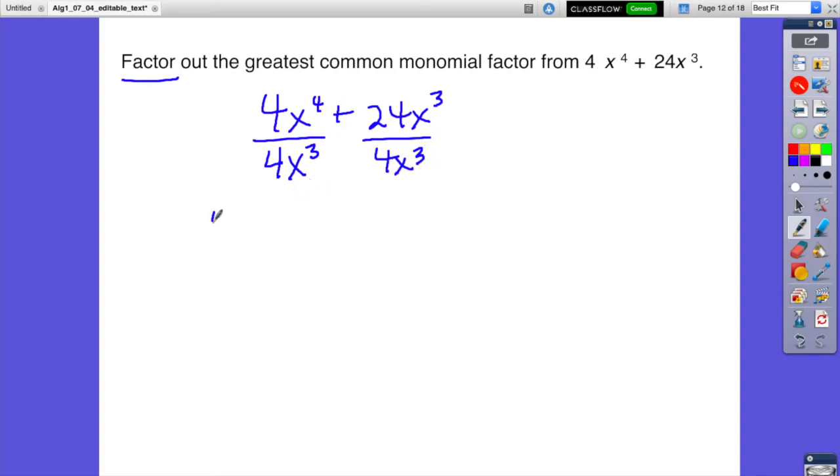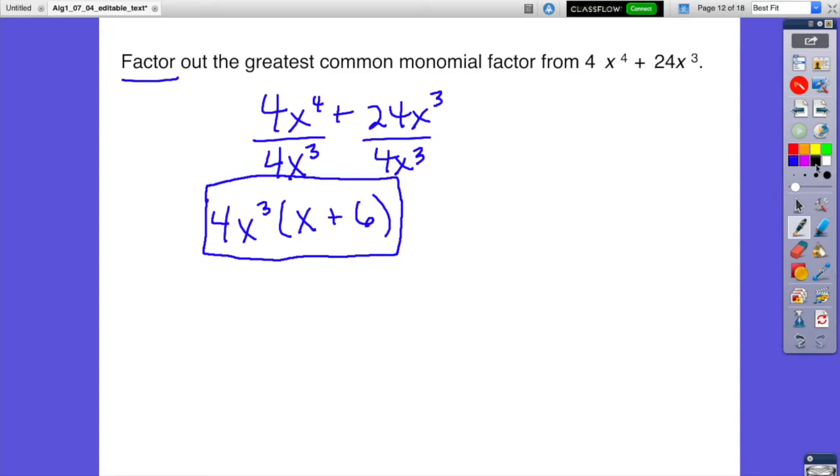But when you factor it, you're going to write it as if it were like a multiplication problem. So 4x to the 4th divided by 4x cubed is going to be just x. Plus 24x cubed divided by 4x cubed, right? The x cubes divide out, and that's going to be plus 6. So this is my answer. It's factored.